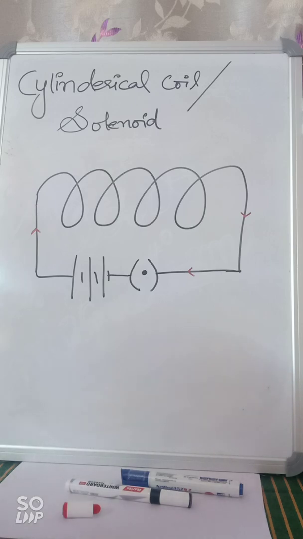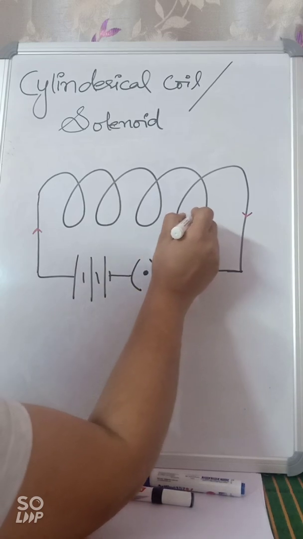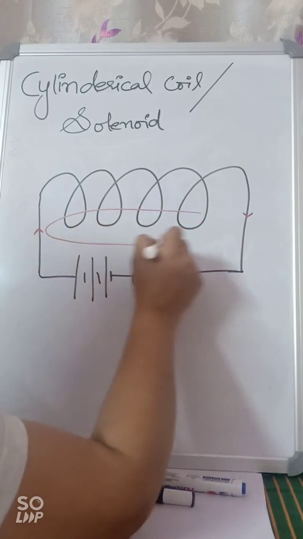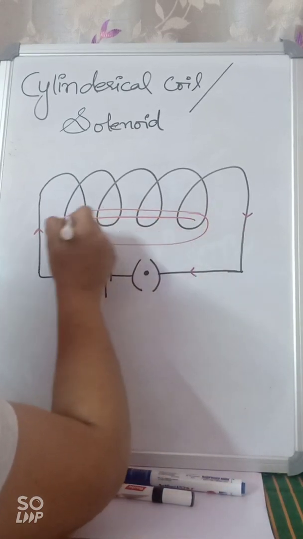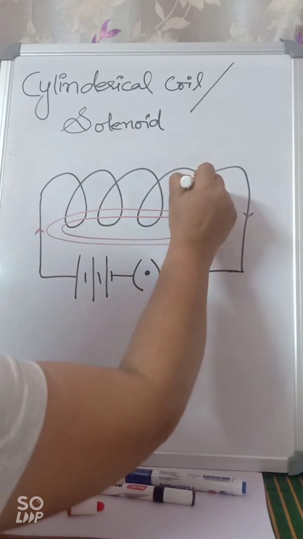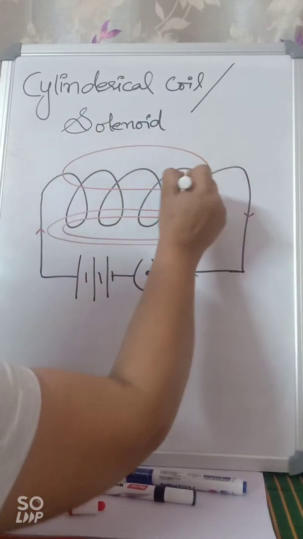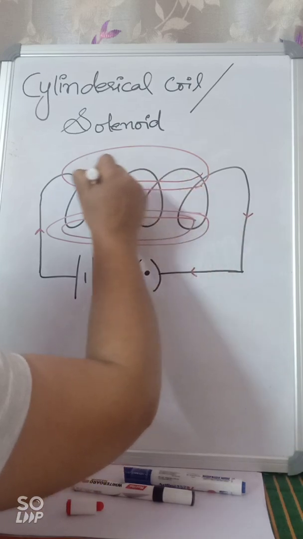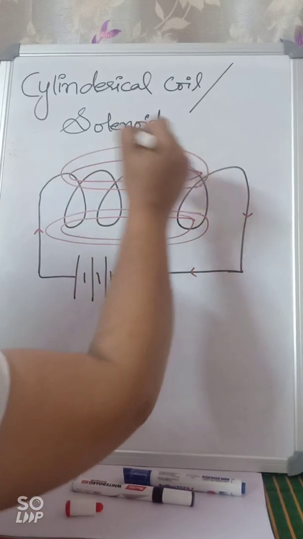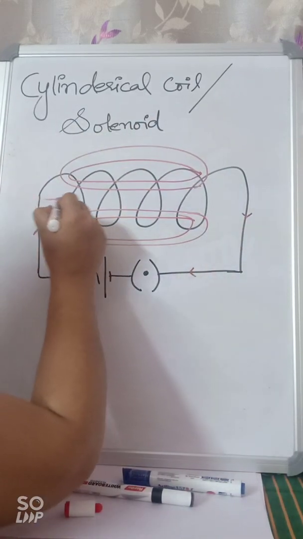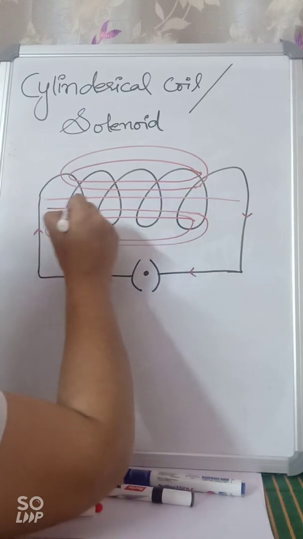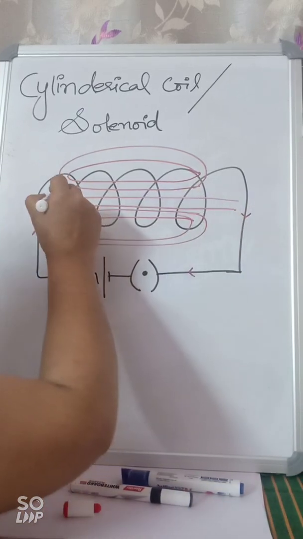So what sort of magnetic field is it going to have? It's going to have a magnetic field here, and here as well, right? This way. And in between, it's going to be like this. Parallel field lines are going to be there.